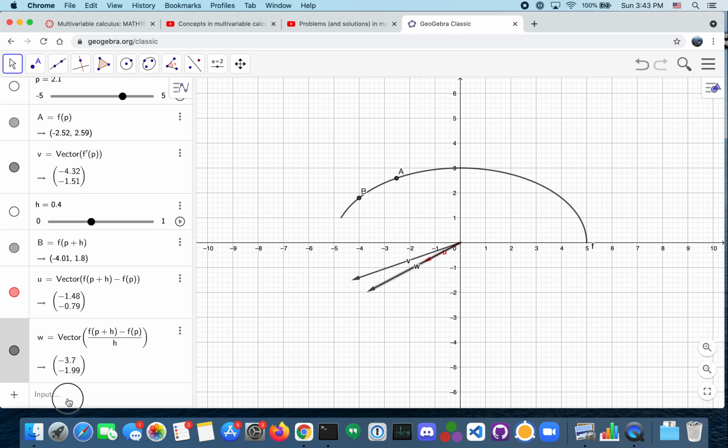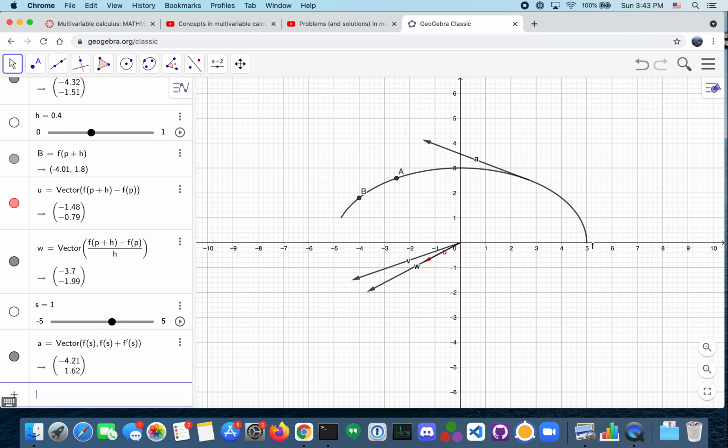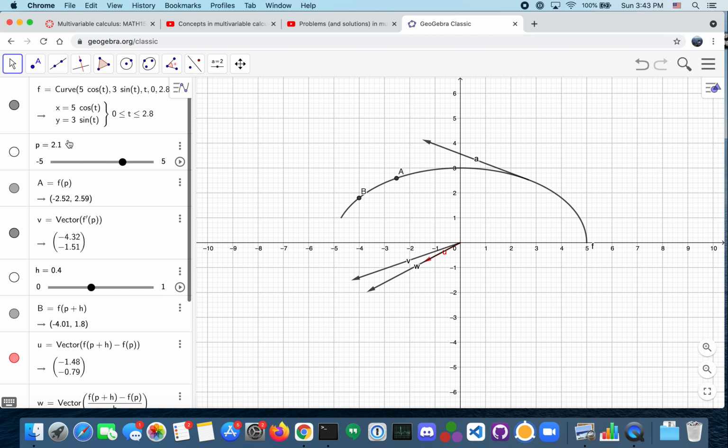Of course, when we write a vector, we can write it as a point, so it starts from the origin and goes out to that point, or we can give it a start and end point. So let's start it at f of s, and let's end it at f of s plus the velocity. Oh wait, not s. I used p, my slider was p, right?